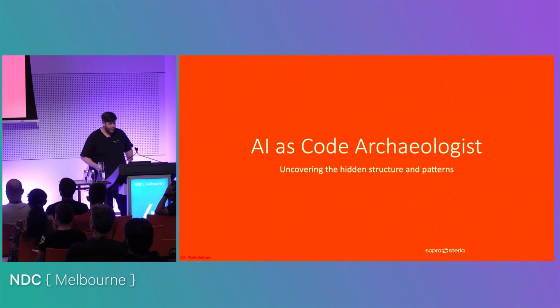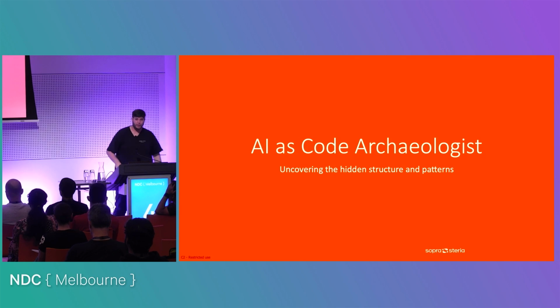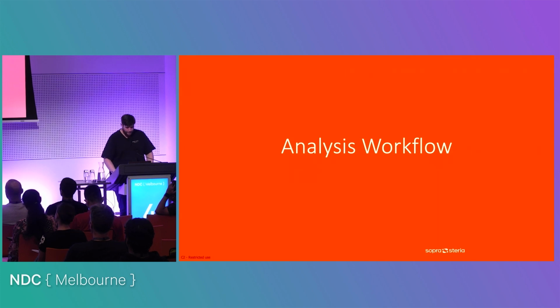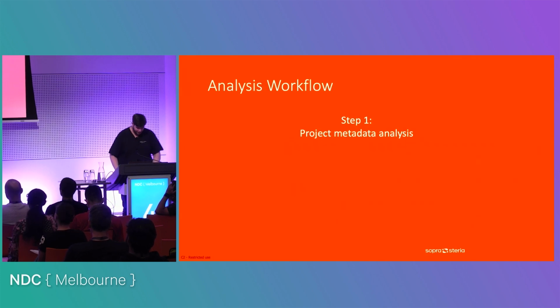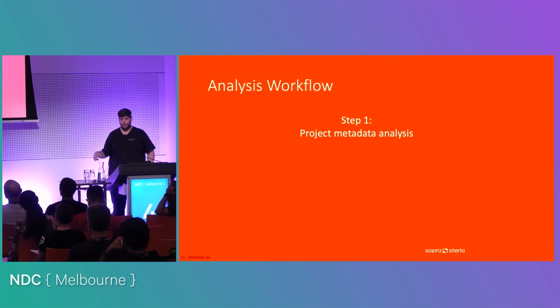So using AI as a code archaeologist to really dive into the code base, see how the code is structured, and deal with it. We're going to have some analysis workflow. This workflow exists of a couple of steps. The first step is to get some metadata from the project.